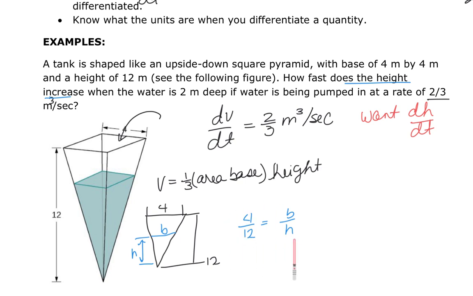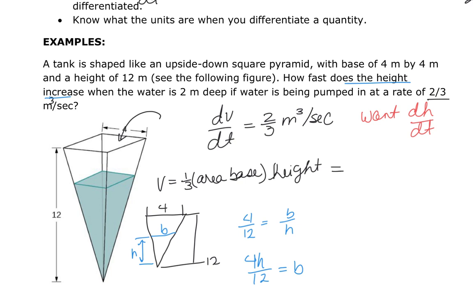I'm going to take these similar triangles and solve for my b. So I have 4h divided by 12 is equal to b. Now, why do I want that? Well, because I know that I have 1/3 the area of the base. So 1/3 the area of the base is going to be 4h over 12 multiplied by 4h over 12.